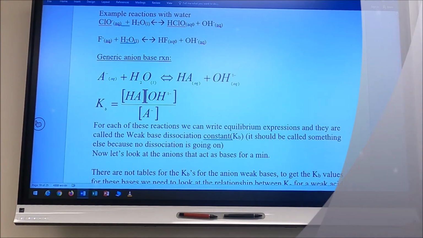Okay? Now, let's look at some anions and how they act as bases for a minute.